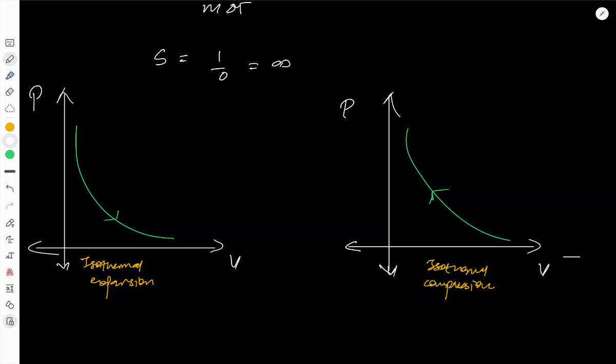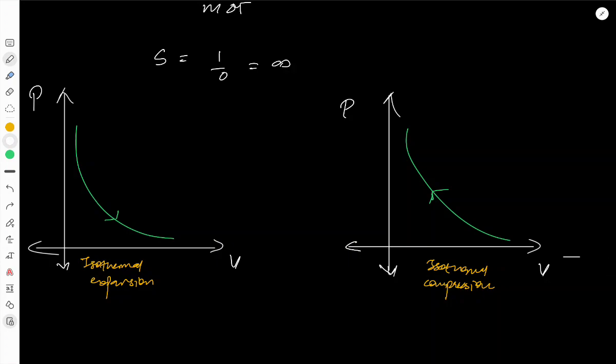You can see the compression in this direction. Yes, the arrow mark shows that there is compression, and we are moving from this side to this side. That is what the arrow mark is indicating, and over here in expansion we are showing the growth in volume.